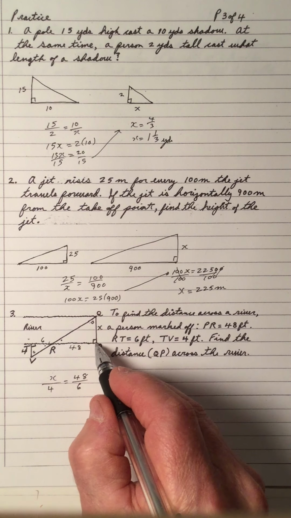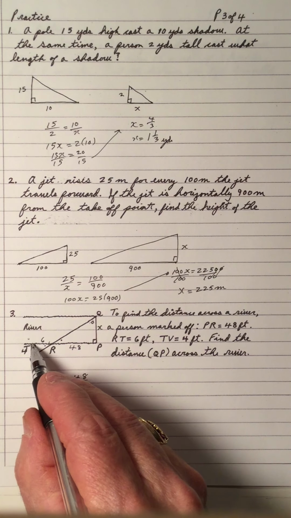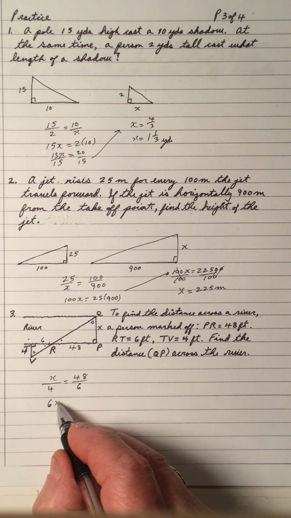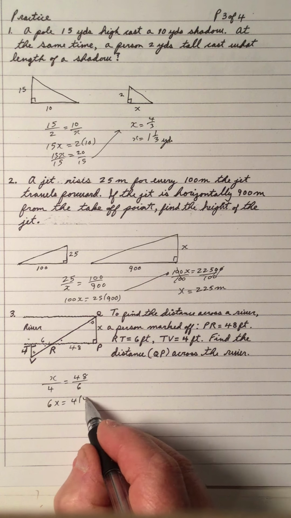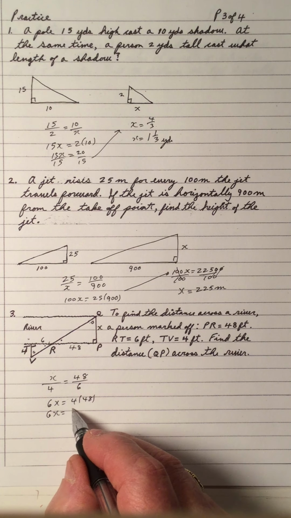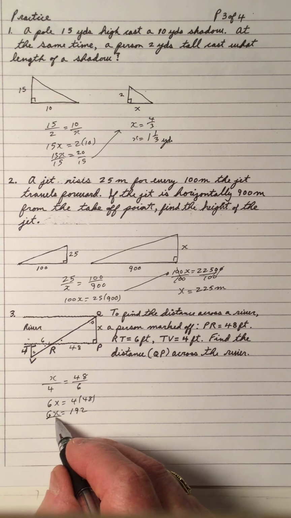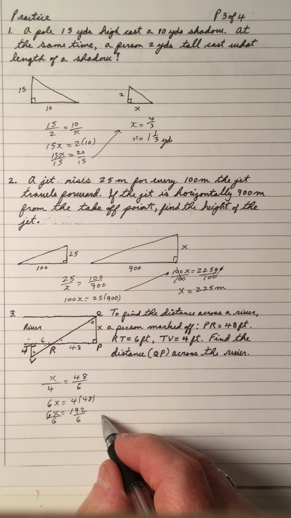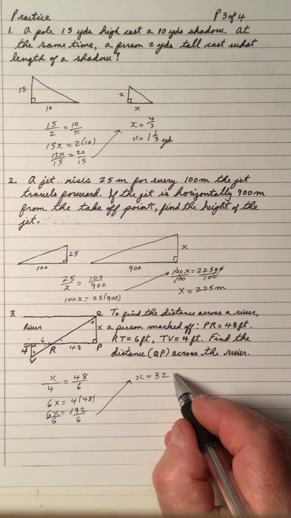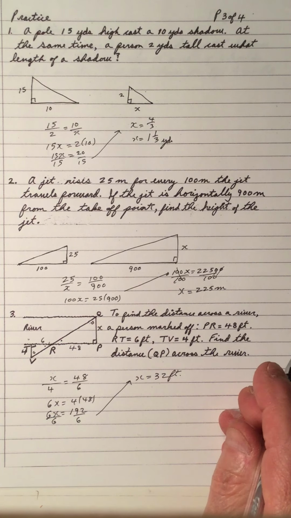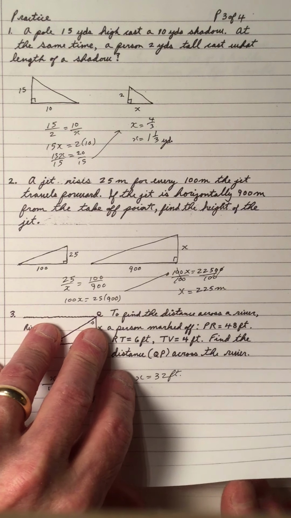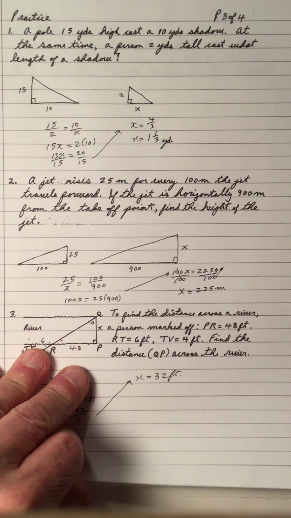So this side is going to go with this side, and this side right here is going to go with this one. Work that out, and you get 6x equals 4 times 48. 4 times 48 is 192. You divide by 6, and we get x equals 32. 32 feet is the distance across the river. And again, what you're setting up is similar triangles.